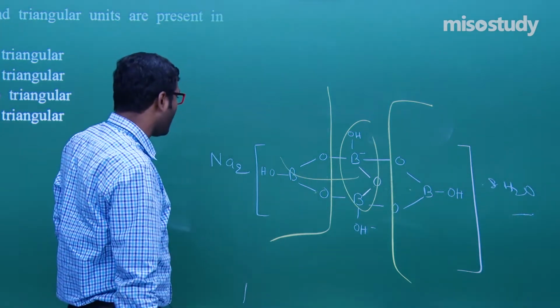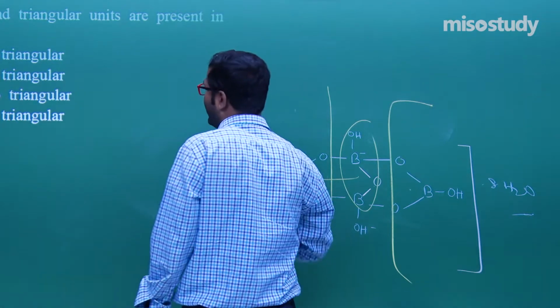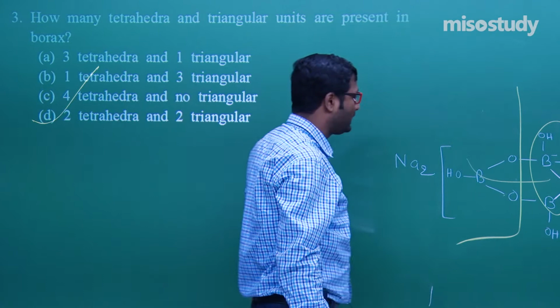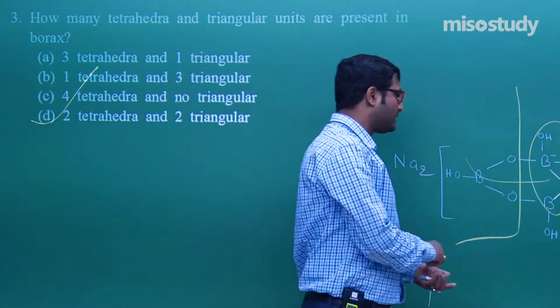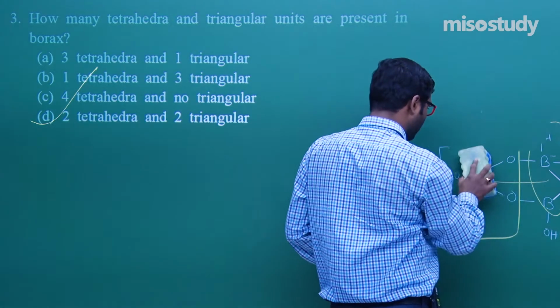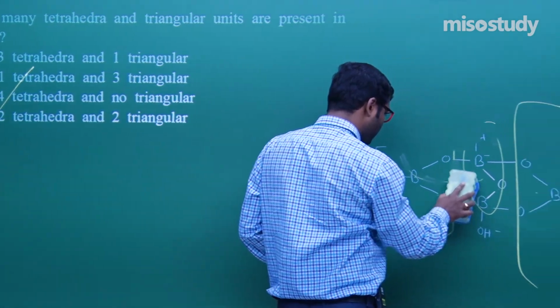So in the case of borax, there are 2 tetrahedra and 2 triangular units. Clear? Check the structure again. I am going to rub this. Wait for a moment.